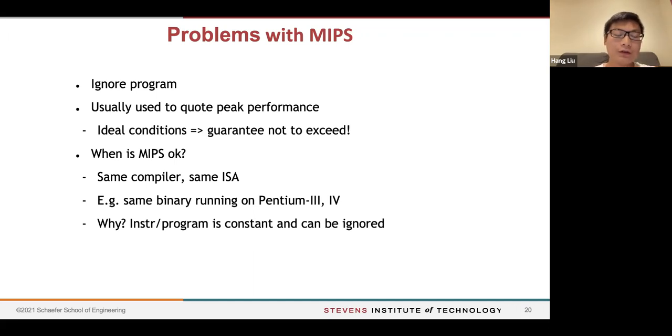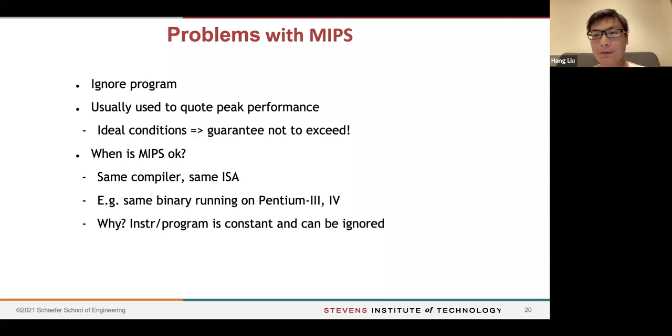You only use it to quote peak performance with ideal conditions, but MIPS can be a problem, for example, if you use different compilers or different instruction set architecture. Because MIPS assumes you have the same clock cycle and same number of instructions, right?